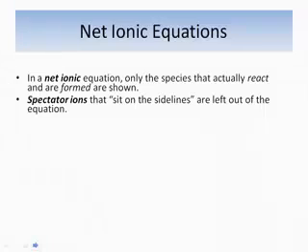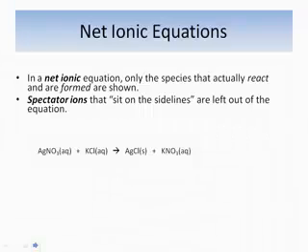We're going to have things that are called spectator ions, and these are ions that basically are not really involved in the process. They may be a part of our reacting species, but they essentially are unchanged as a result of the chemical reaction. And so we call these spectator ions, and these are not going to be shown in our net ionic equation.